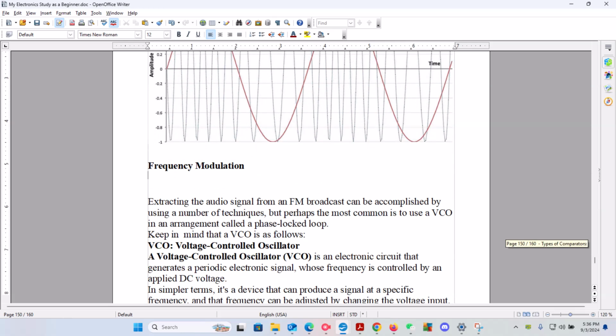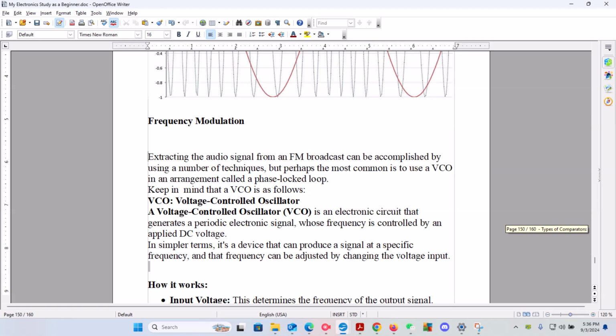Now you've got to consider that extracting the audio signal from an FM broadcast can be accomplished by using a number of techniques, but perhaps the most common is to use what's called a VCO, an arrangement called a phase lock loop. Now also keep in mind that VCO is as follows. VCO stands for voltage controlled oscillator.